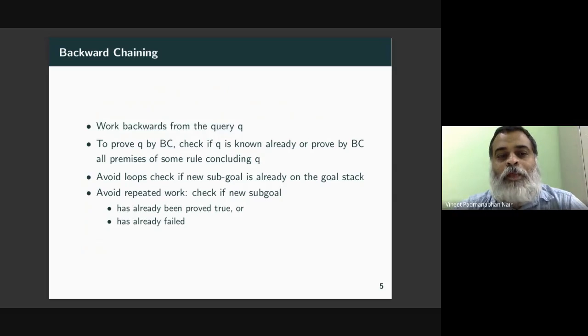To prove query Q by backward chaining, check if Q is already known, or prove by backward chaining all premises of some rule concluding Q. Avoid loops: check if the new subgoal is already on the goal stack. Avoid repeated work: check if the new subgoal has already been proved true or has already failed.